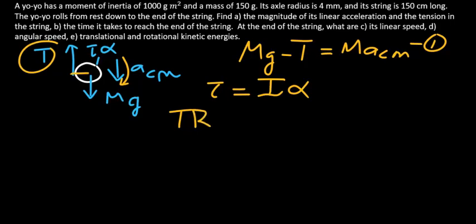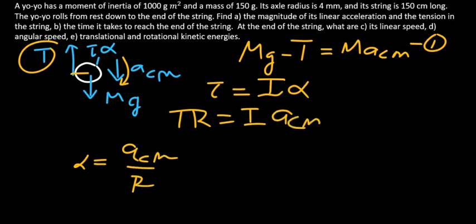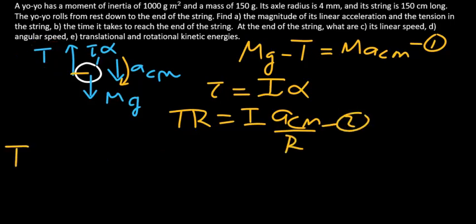Let's call it capital R, and that equals I, and alpha can be written as the tangential acceleration over the radius of that wheel, so ACM over R. So that's equation 2. If we use equation 2 to express tension in terms of other terms, you get I times ACM over R squared.